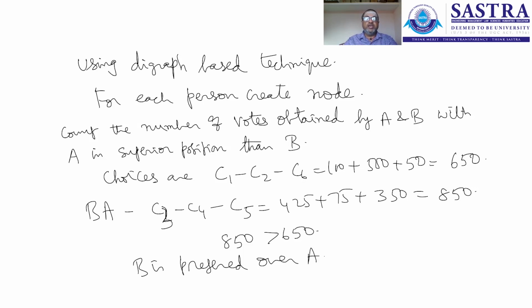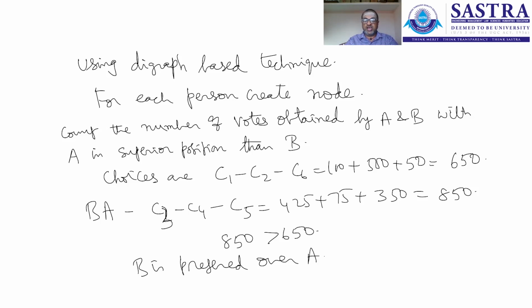Similarly, now I find the number of votes where B is in a superior position to A. That is obtained in the remaining part, C3, C4 and C5. When I count the votes for C3, C4 and C5, I get 850.